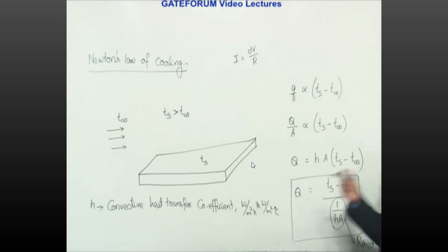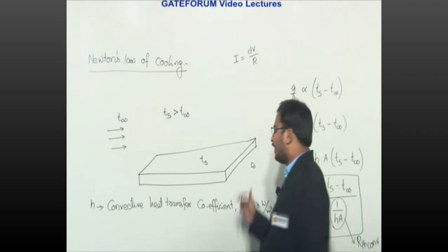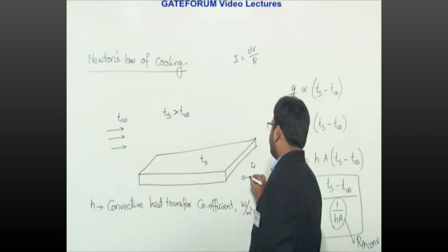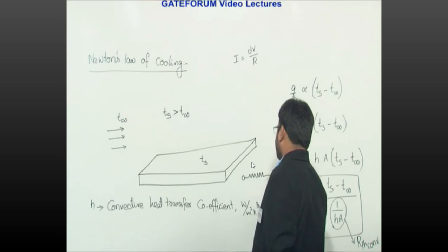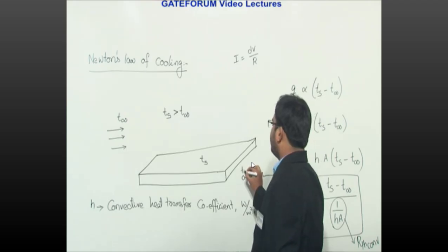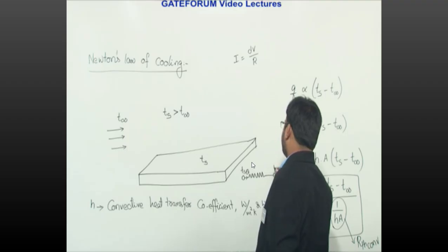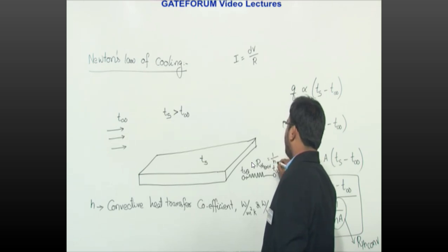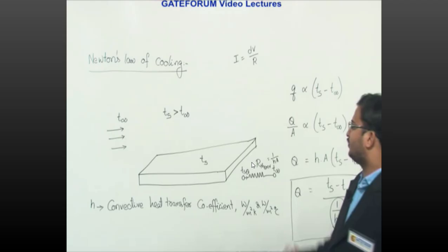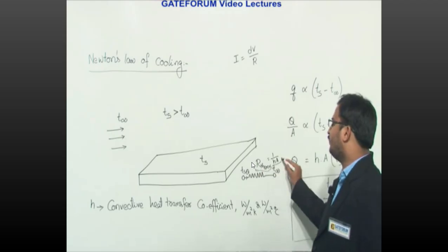Now here we can draw the electrical analogy diagram like this. As the surface is at a higher temperature, heat flows from the surface to the fluid, and the resistance offered is the thermal resistance due to convection, given by 1 by hA.